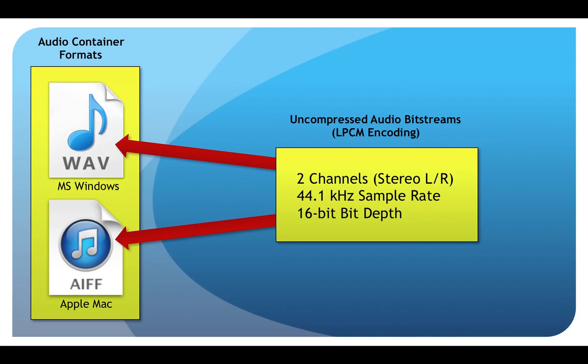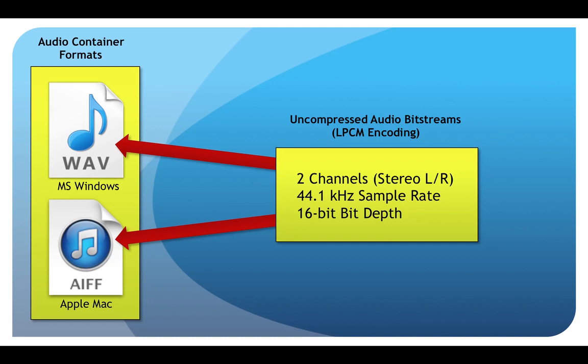More complex programs that might use Dolby surround sound, for instance Dolby 5.1, would actually have 6 channels of audio for that particular recording. If it was a Dolby 7.2 surround sound recording, you would have 9 channels of audio. So the WAV and AIF file formats are simply containers to hold those individual audio bit streams representing the multiple channels associated with the recording.